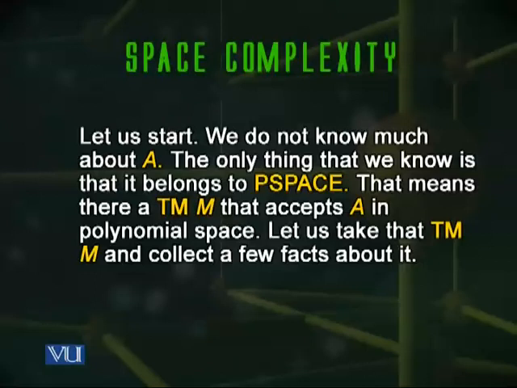What we have to do is take an arbitrary language A in PSPACE. We do not know much about A. The only thing that we know is that it belongs to PSPACE. This means that there is a Turing machine M that accepts A and uses polynomial space. Let us take this Turing machine M and collect a few facts about it. Just like the proof of the Cook-Levin theorem: how did we prove it?